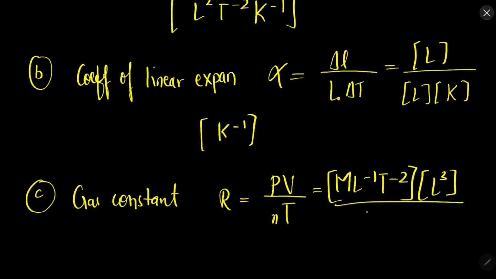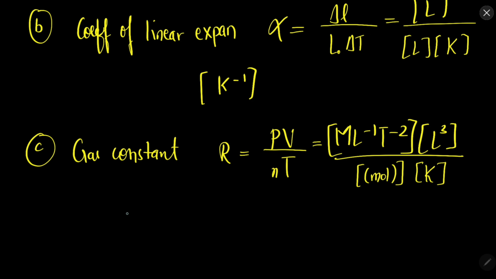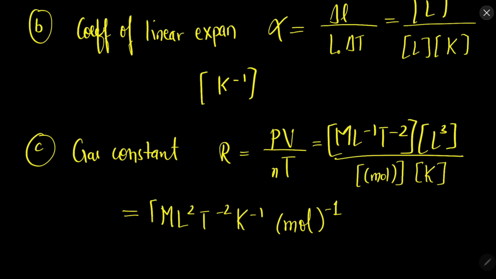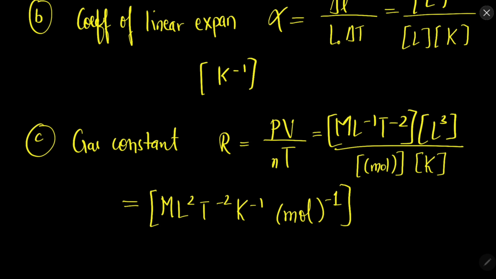Then n is the moles, which is again a new dimensional constant, and T is the temperature, that is Kelvin. So this is quite interesting, here we have one more quantity, mole. So the dimensions for gas constant are M L² T⁻² K⁻¹ mole⁻¹.